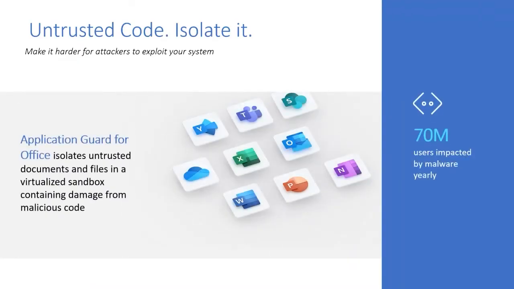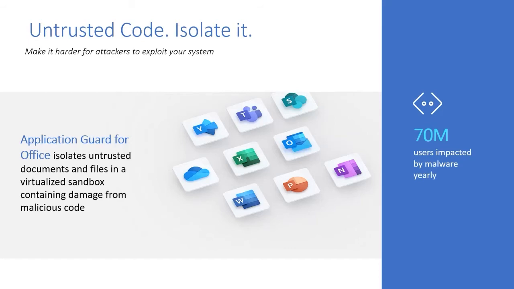So Office Protected View was built on the same philosophy, to isolate the untrusted code, right? So it restricts the usage, but at the same time, it restricts the productivity of the end user also. So that's why Application Guard was created, as an upgrade over Office Protected View. As you can see, there is no golden bar, there is no edit button, there is no choice being offered to the end user to click or not.